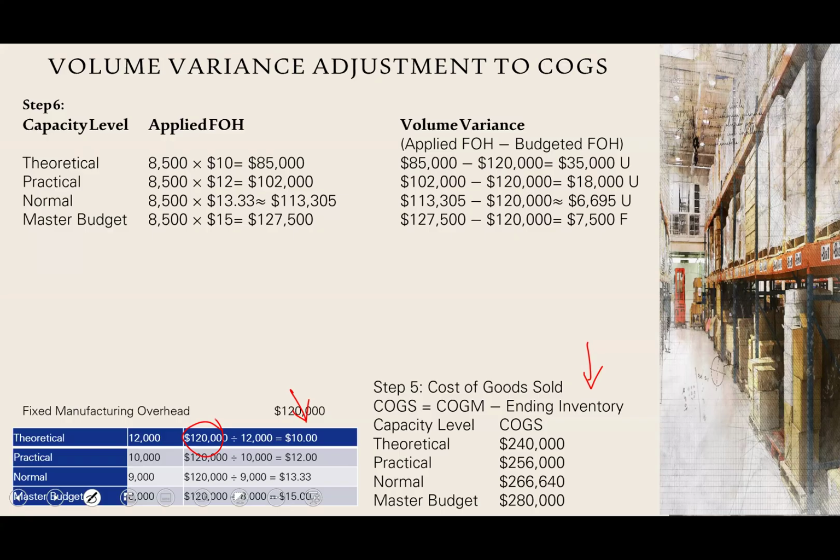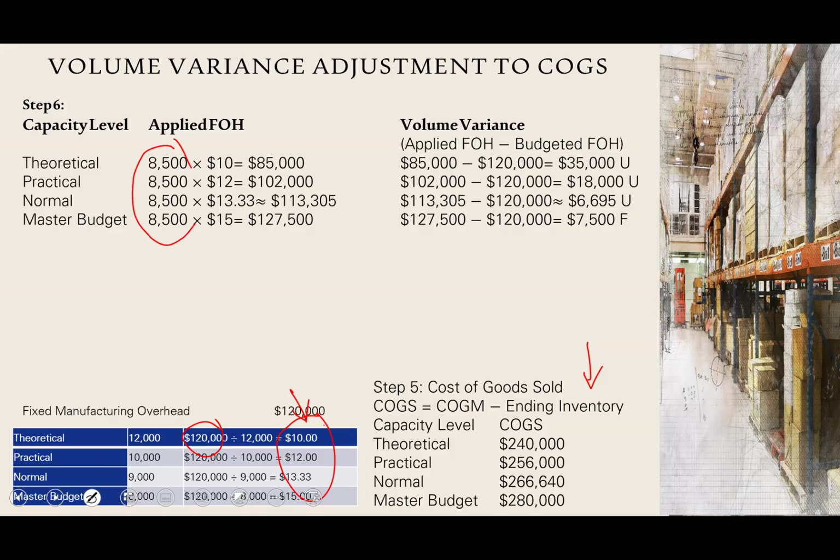How is the overhead applied? The number of units that you are actually producing, you take the actual production and multiply it by your overhead rate. So this is your applied fixed overhead.